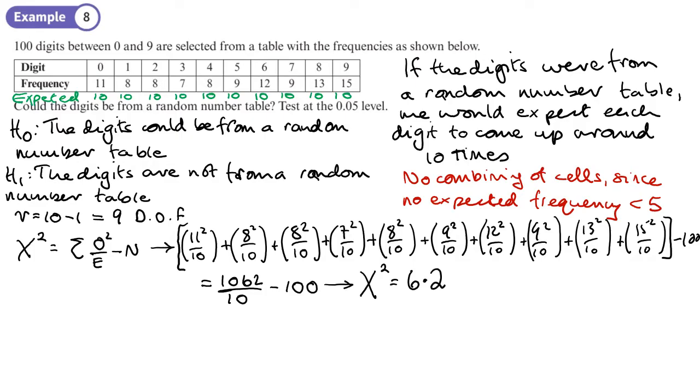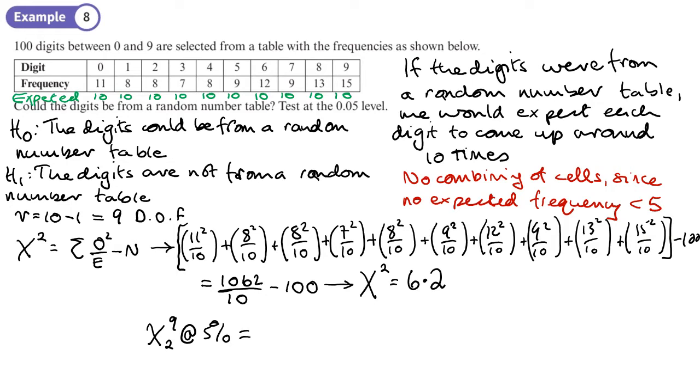So now we will use the tables and look up chi-squared for 9 degrees of freedom, and we're going to find the critical value at 5% significance level.